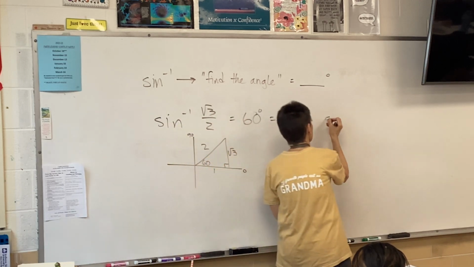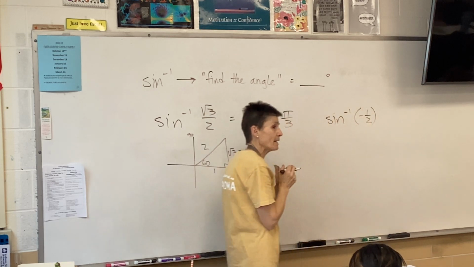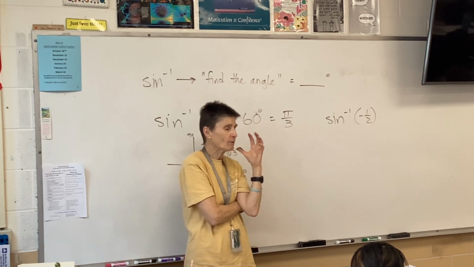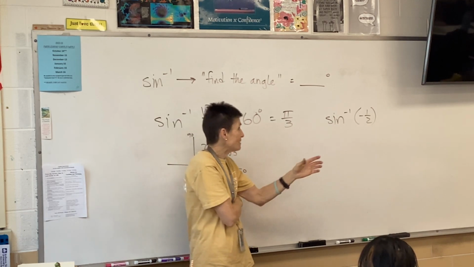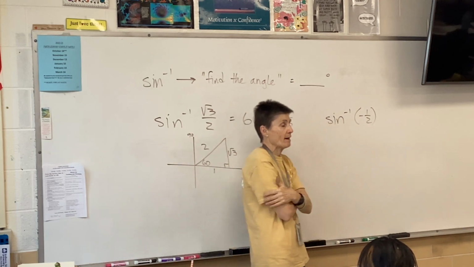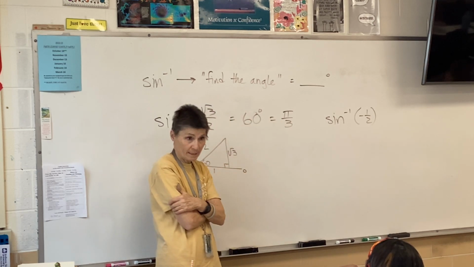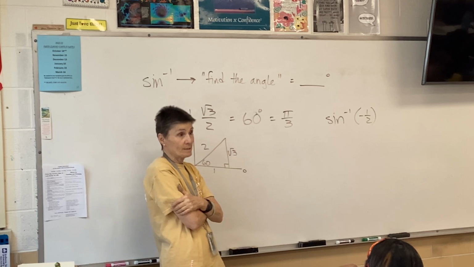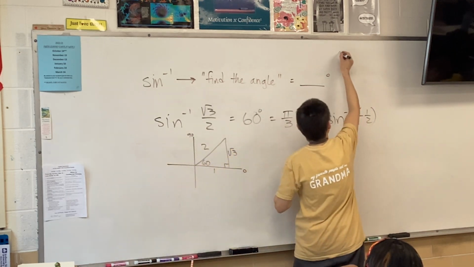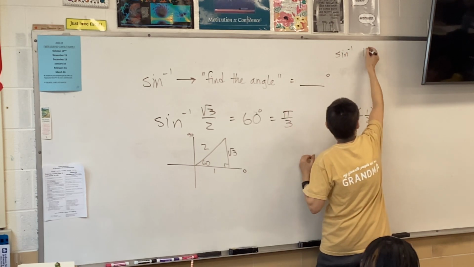This one says, find the angle whose sine is -1/2. Now, listen to me say that so that you're clear on exactly what you're doing. Find the angle whose sine is -1/2. Clearly that angle is not going to be in quadrant 1, right? Because we're not negative in quadrant 1. If it is a sine and it's negative, it goes into quadrant 4.